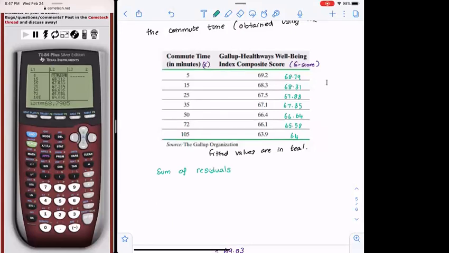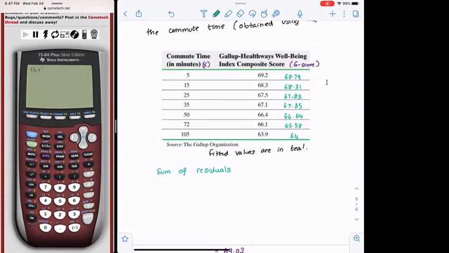So all of my actual values are in list 1. My fitted values are in list 2. And we know that if we did L1 minus L2, we are going to end up getting the residuals.